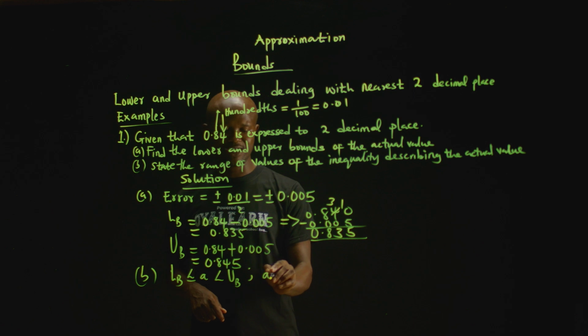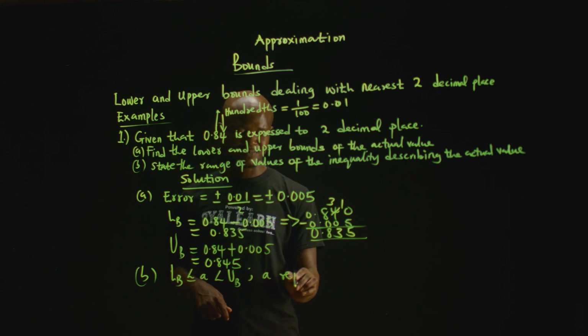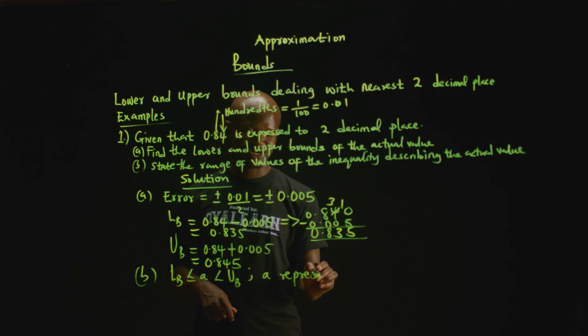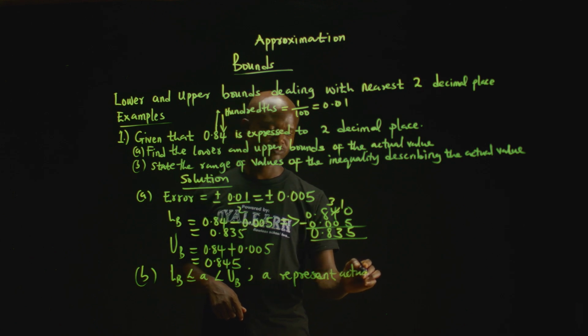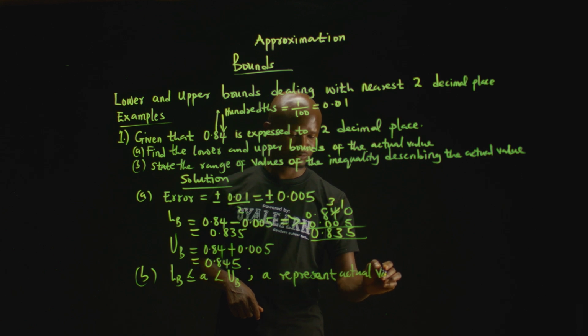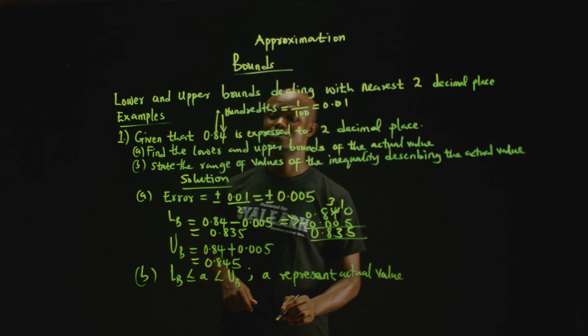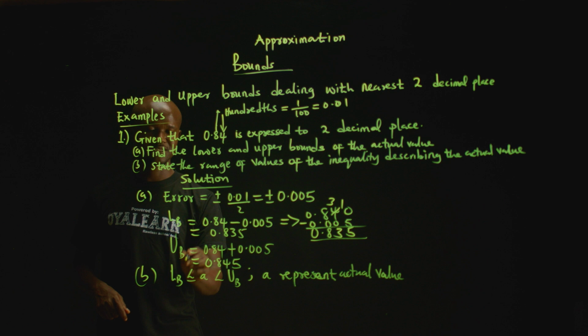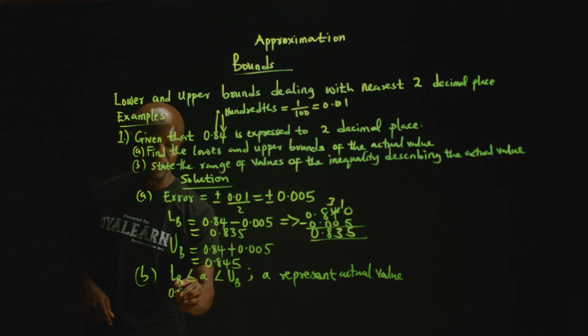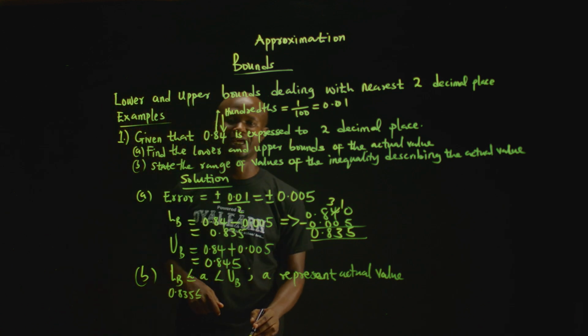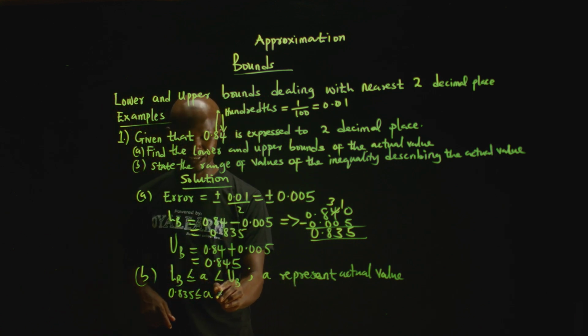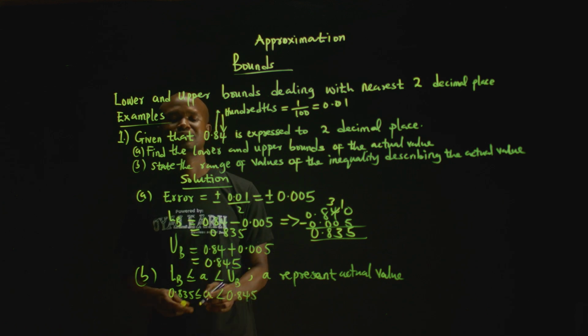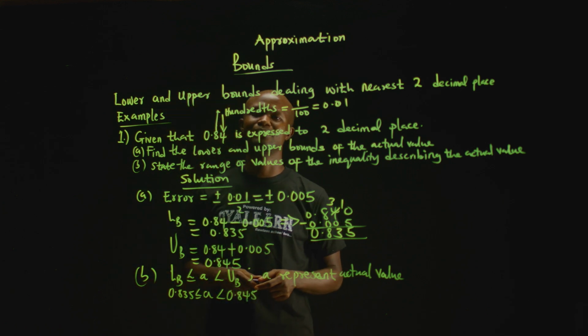We know that A represents the actual value. Now, the range will be what? What is the lower bound? 0.835. Then less than or equal to A, less than 0.845. That is the solution to the problem. Thank you.